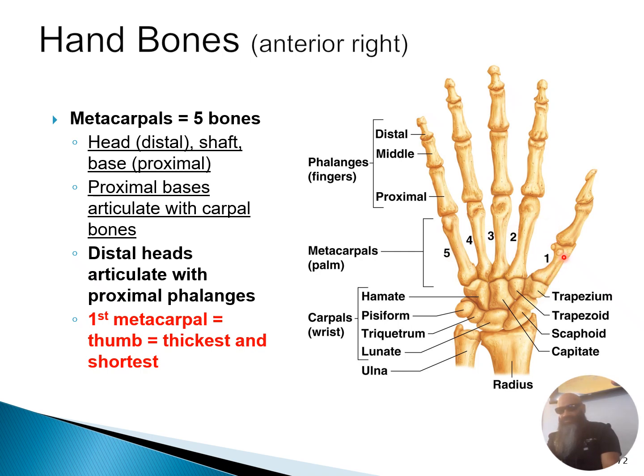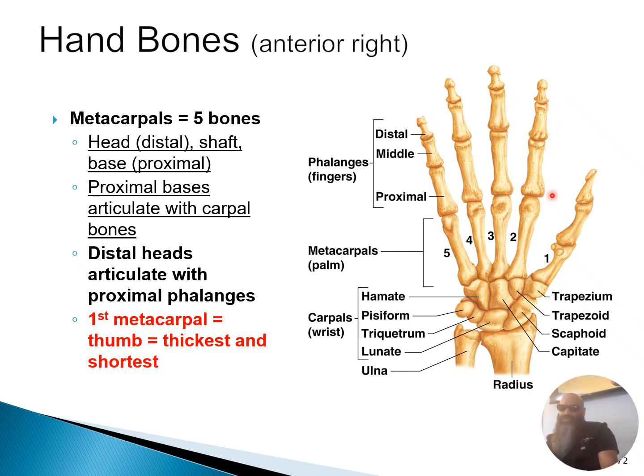So this is a metacarpal, this is a proximal phalanx and a distal phalanx. The thumb only has 2 phalanges. The rest of your lesser digits, as we call them, have a proximal phalanx, middle phalanx, and distal phalanx.